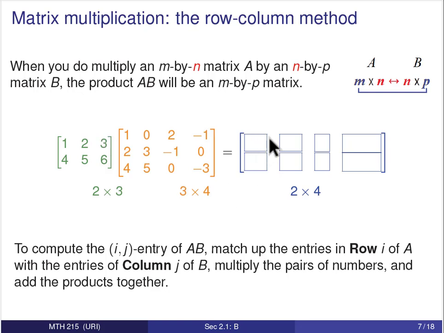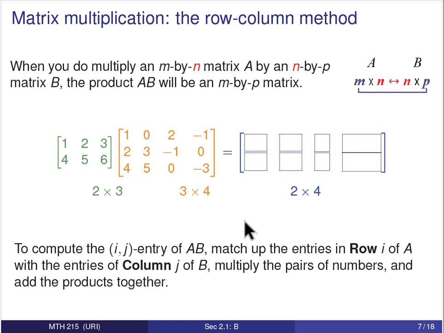So for instance, if I wanted to complete the 1, 1 entry, the first one tells me to use row 1 from the first matrix. The second one in the 1, 1 entry tells me I should use the first column of the matrix B. So row i of A, column j of B.